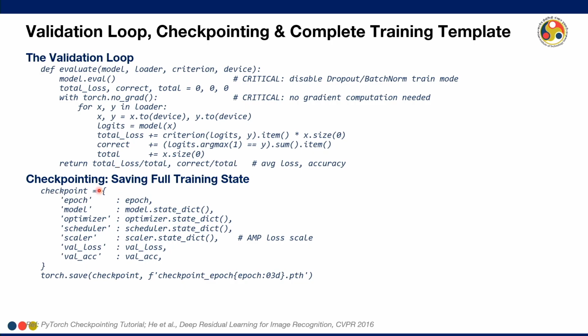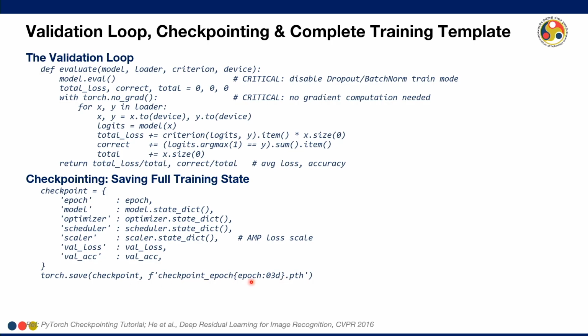We can do checkpointing for saving the full training state. Checkpoint equals, you can define the entire structure here with key and value pairs. What is the epoch value, what is the model object, what is the optimizer that we are using, and all these will be saved by using torch.save with this checkpointing feature in this path.